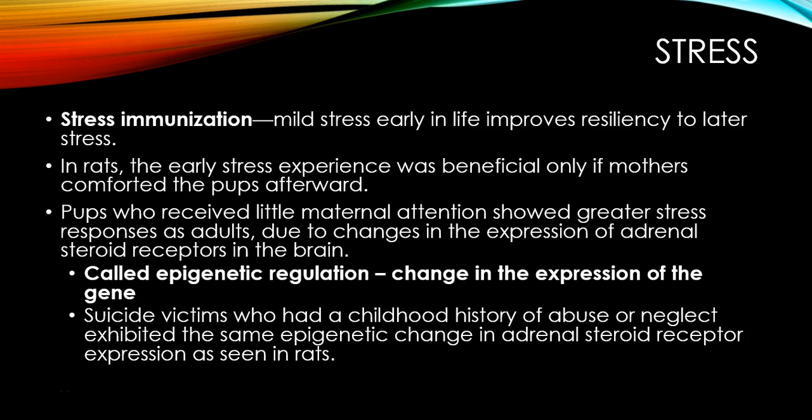So we can actually see genetic changes from stress very early on, and this stress response is changed by whether there was some kind of comfort after by a mom versus being ignored, having to deal with that stress and getting no maternal attention.